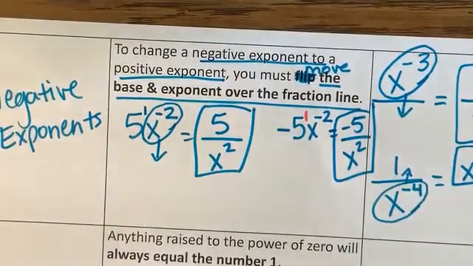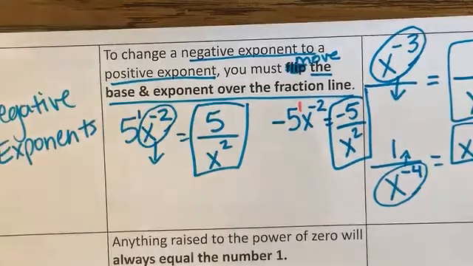Okay? The main thing here is negative exponents. If that negative base has a positive 1 exponent, it stays. See, you thought the negatives were not complicated, but they can become complicated. Okay.